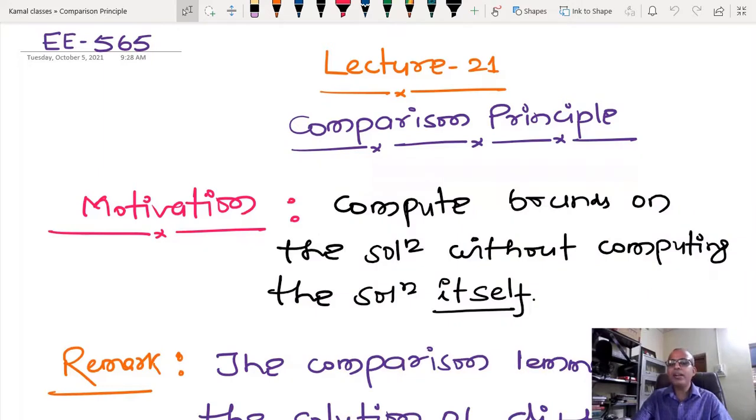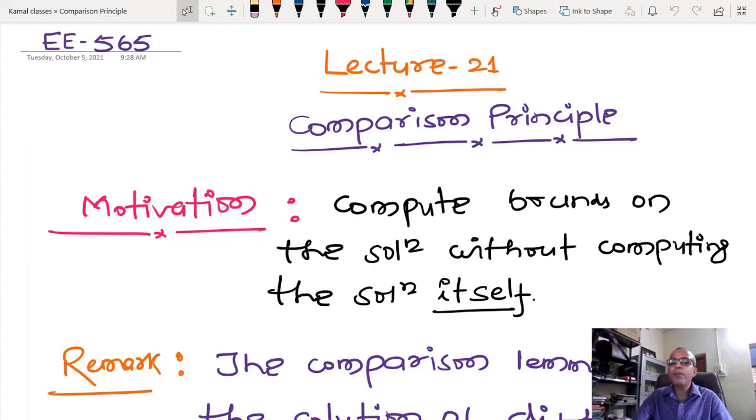Suppose I have some kind of physical system, I have done the mathematical model, and after that I have some nonlinear differential equation, and now we want to understand how the solution is going to vary, meaning what is the maximum value of the solution and what is the minimum value.